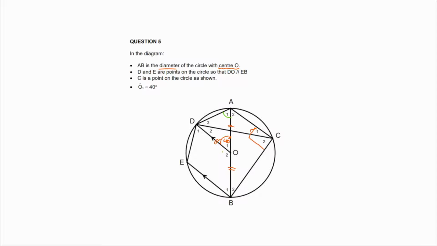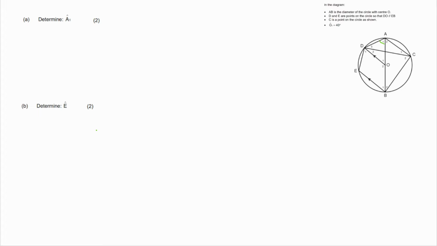If we work in triangle DAO, in this triangle, you'll see that we know this is 40, and A1 is equal to this thing over here. So we can say that OA is equal to OD, and that's because they're both radii.